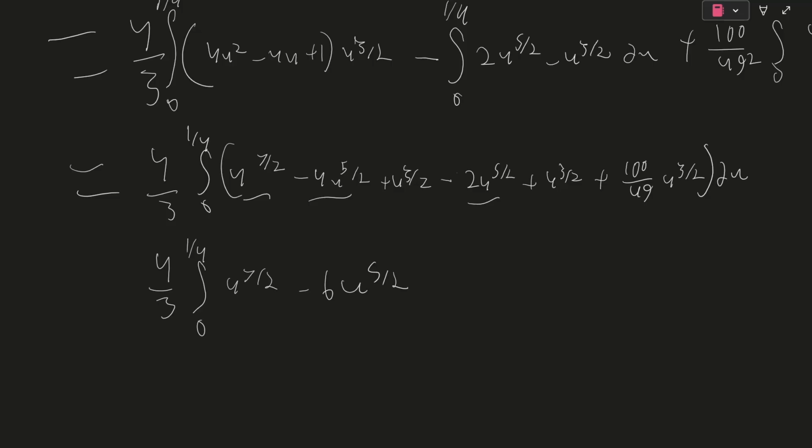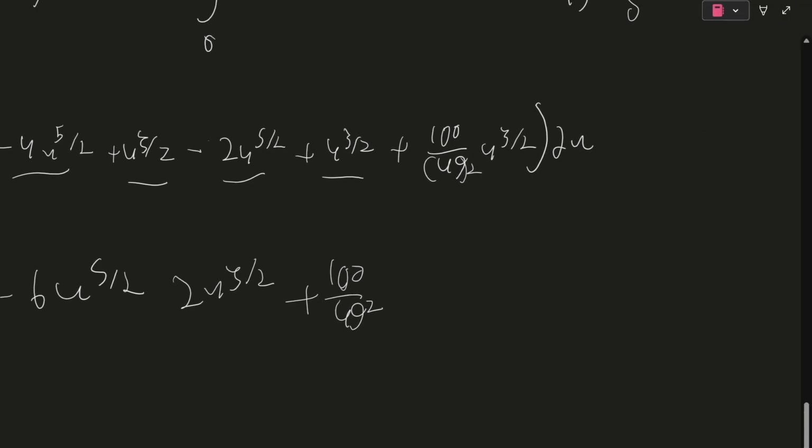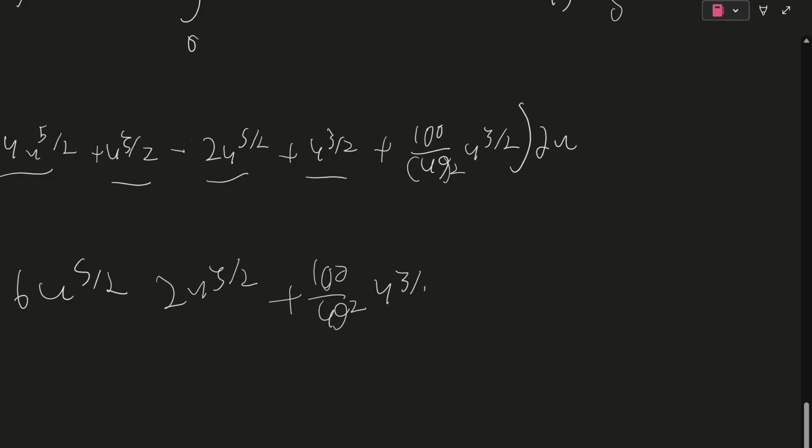Alrighty, and then now we have u to the 3/2, so we have 2u to the 3/2, u to the 3/2 plus u to the 3/2, and plus 100 over 49 squared u to the 3/2. So we have 2u to the 3/2 plus 100 over 49 squared u to the 3/2.